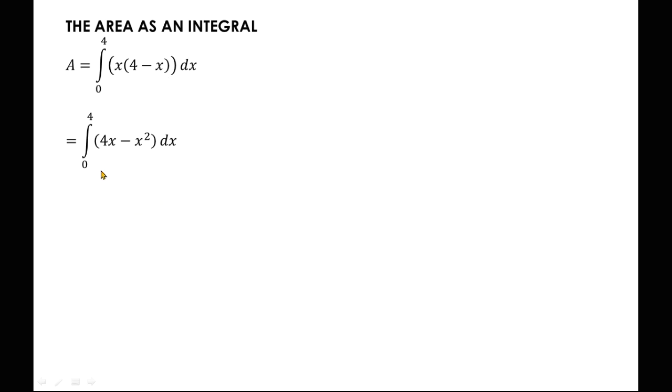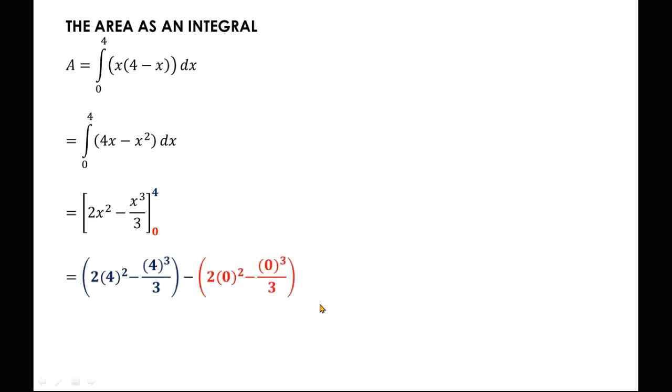So the integral of 4x minus x squared equals 2x squared minus x cubed over 3, lower limit 0, upper limit 4. Substituting the values of upper limit and lower limit, we will obtain the result equals 10 2/3 square units.